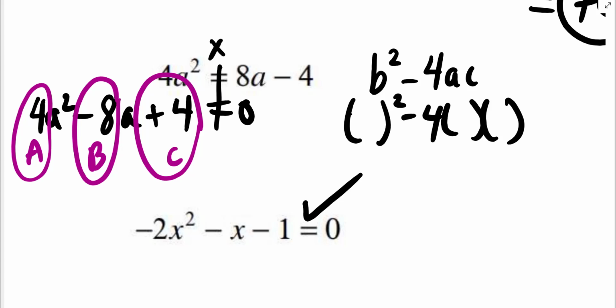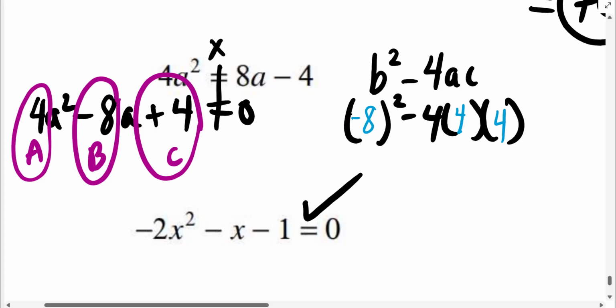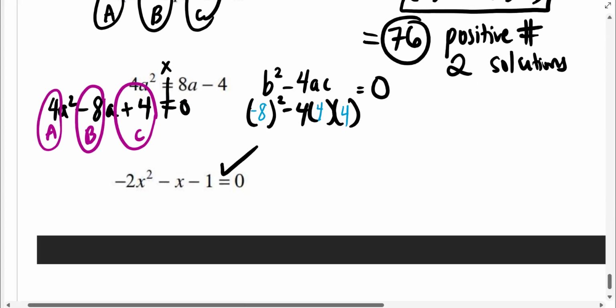So b squared would be negative 8 squared. A is 4 and C is 4. Now you're going to type all of that into the calculator. So you're going to go parentheses negative 8 parentheses squared minus 4 parentheses, and the answer is 0. So if the answer is 0, that means it has 1 solution.